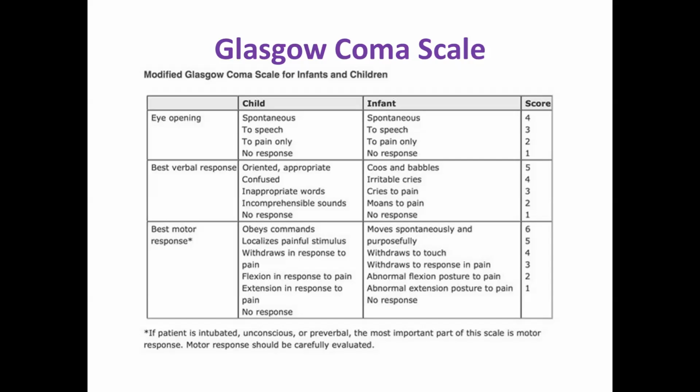For example, the maximum score they can get on the Glasgow Coma Scale is 15. Whenever the score is between 13 and 15, it indicates mild brain injury. Whenever the score is between 9 and 12, it indicates moderate brain injury.